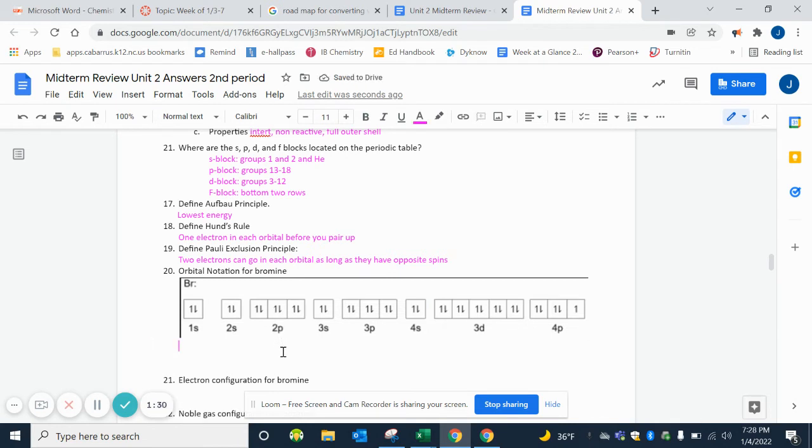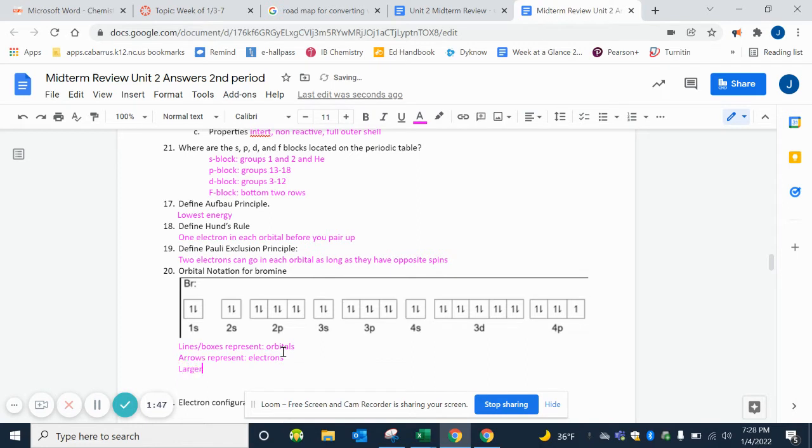Here they show it as boxes. We usually just draw a line, and those lines, or the boxes here, represent orbitals. The arrows represent electrons.